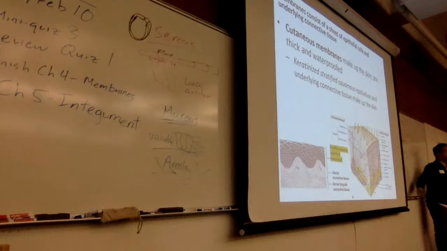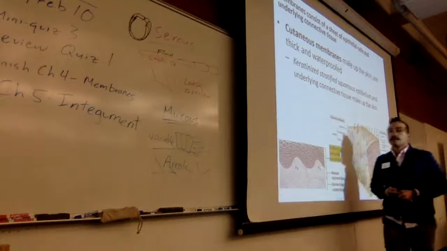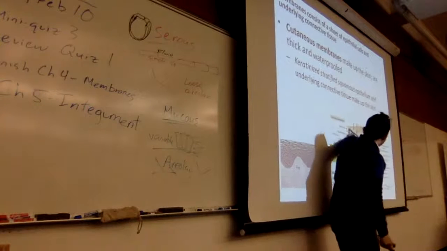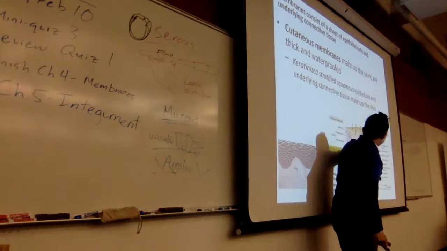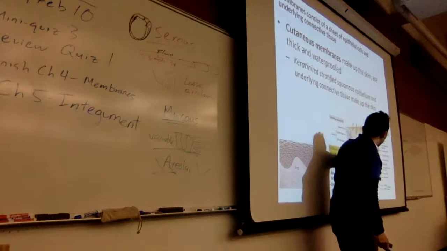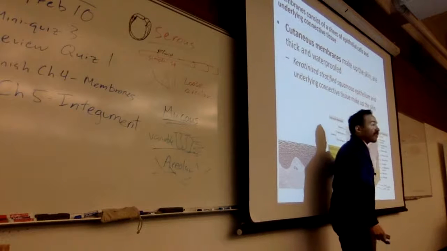Cutaneous, subcutaneous. So if you have a subcutaneous injection, you're injecting below the cutaneous membrane. You have to go deep enough to get to the fat. And that's shown here. Stratified squamous, areolar, all of this is dense irregular, and then here you can see the adipose.